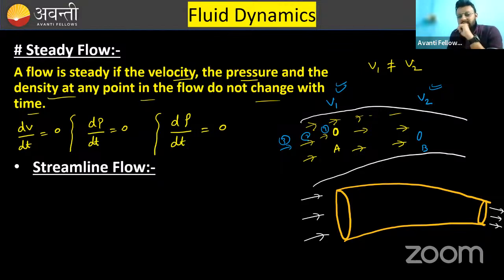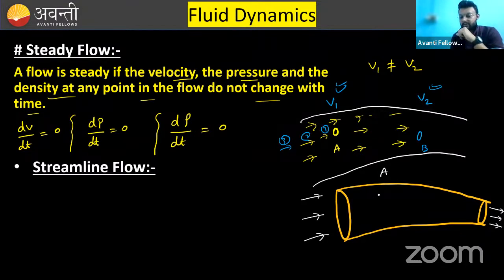Clear? So the condition for the streamline flow, consider a point A. Listen to me very carefully. If all the particles passing through this point A follow the same path, then this flow is streamline flow.